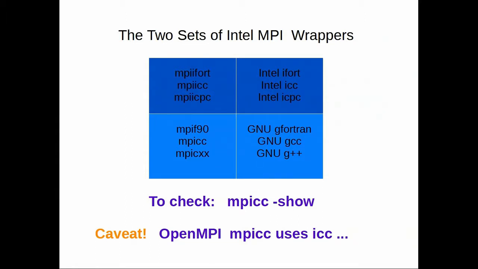So what that is saying is that mpiifort is using the Intel ifort compiler. And likewise, mpiicc is using the Intel icc compiler, and mpiicpc is using Intel icpc.